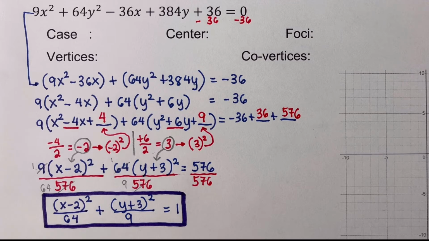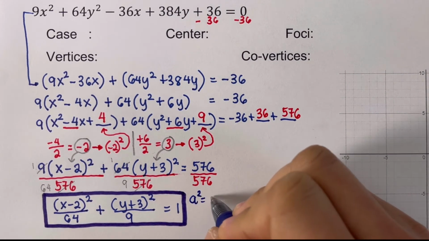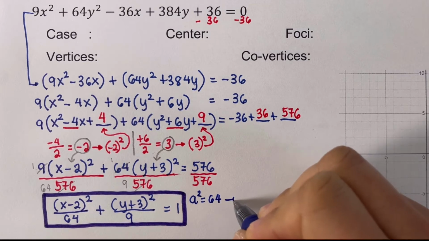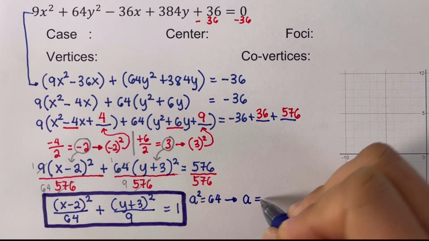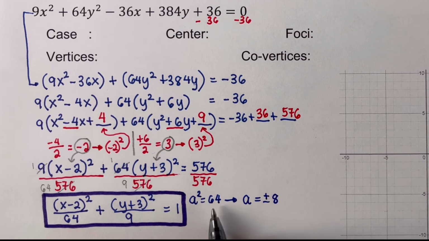Okay, we remember that the bigger value represents the a squared. This means that this is our a squared and this is our b squared. This tells us that if we have an a squared of 64, our a then is plus minus 8 because we squared both sides. Square root of 64 is plus minus 8.